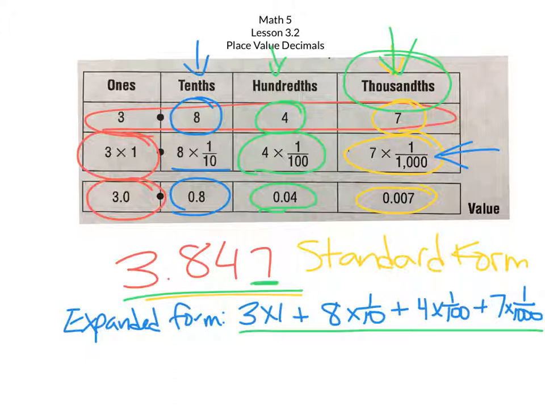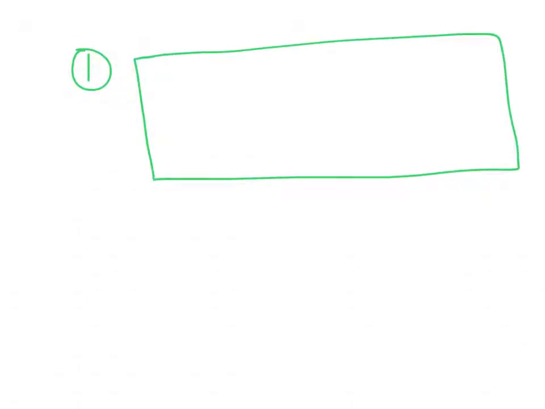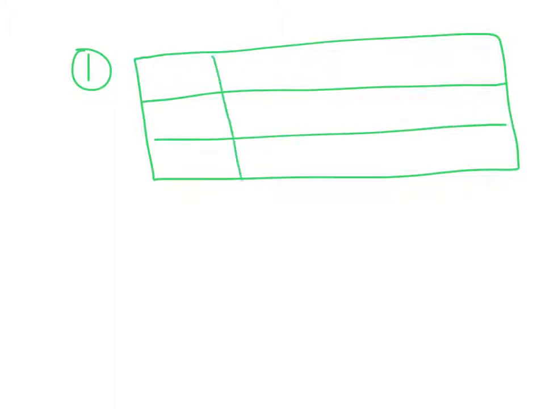Make sense? All right. So let's do this chart together that you see on your paper. So this is number 1. I already filled mine in, so I have to draw it. Okay, they give you the decimal 2.695, right?